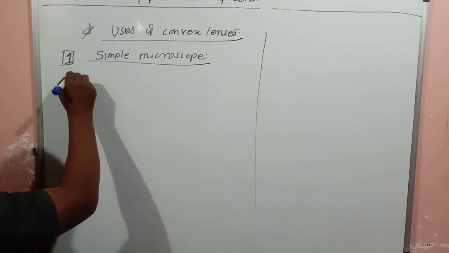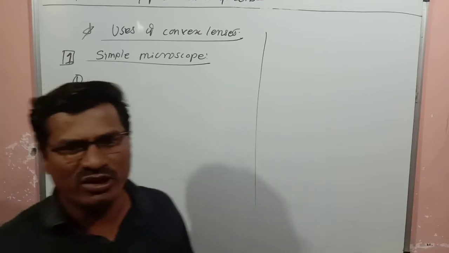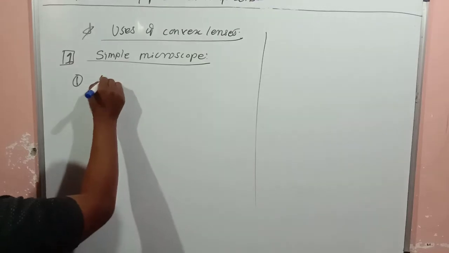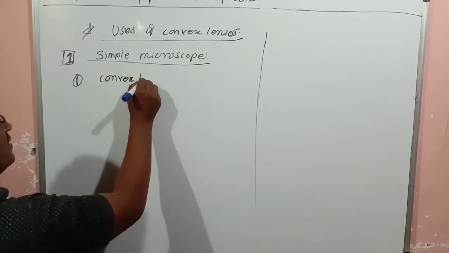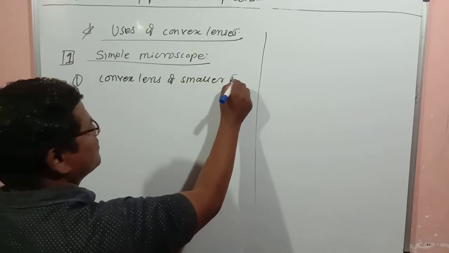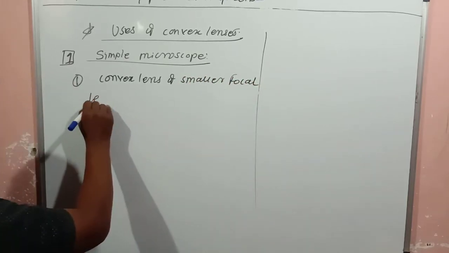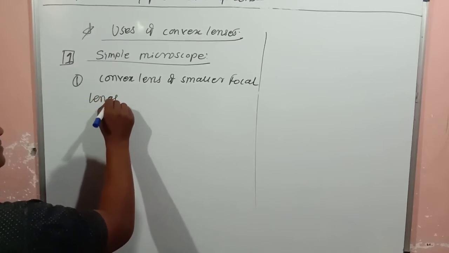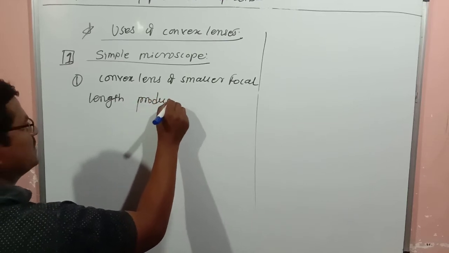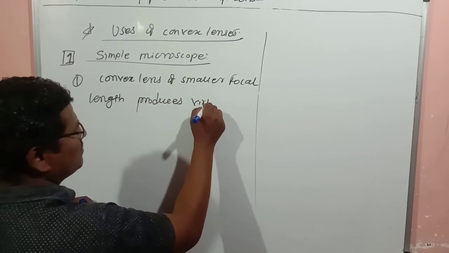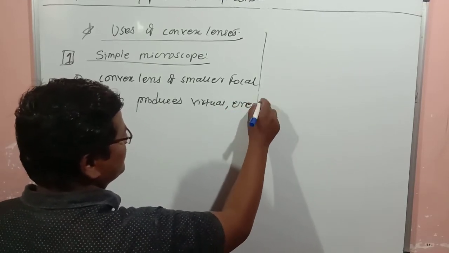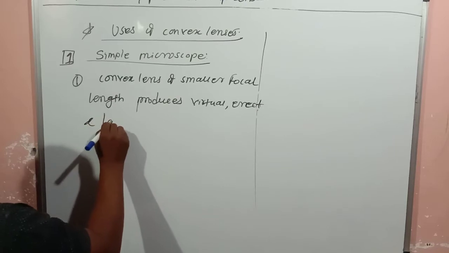First point we'll write. What is the first point? Convex lens of smaller focal length produces a virtual, erect and larger image.